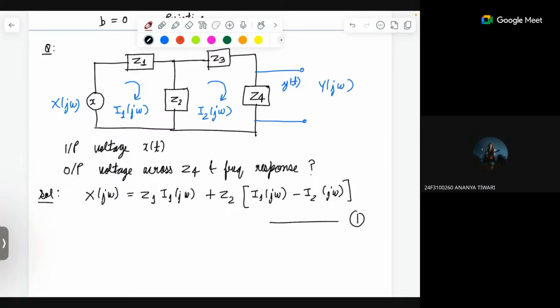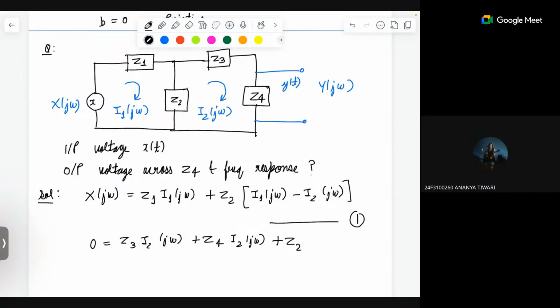Now let us consider this second loop. There is no voltage source inside, so the total voltage will be 0 in this loop as per KVL. So 0 is equal to Z3 I2, and across Z4 also we have I2, and now Z2, again two currents in opposing directions.